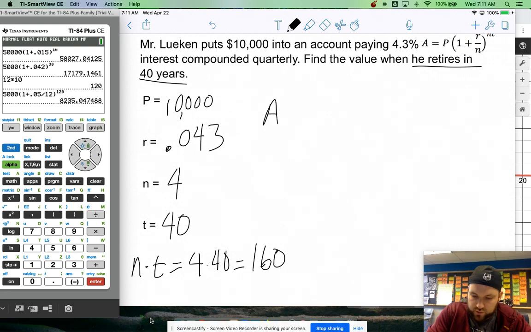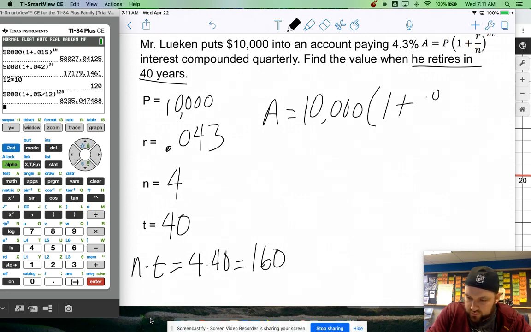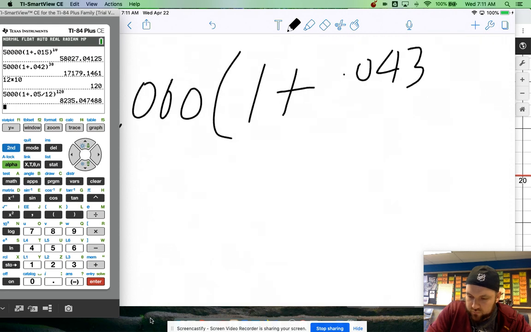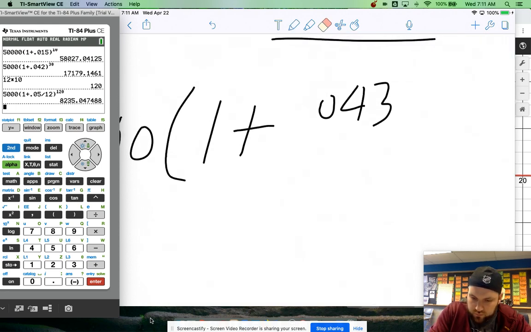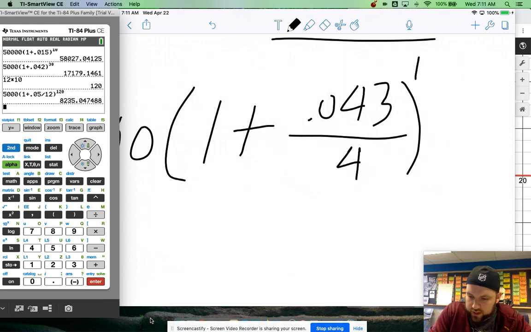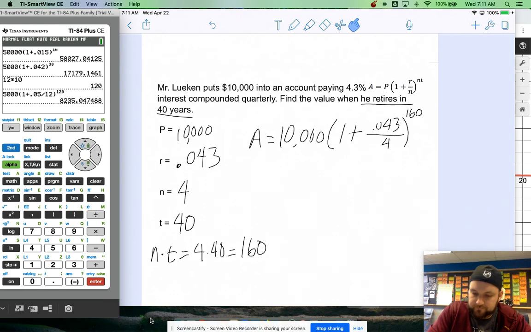Okay. So if we find my future value, the start value is $10,000. 1 plus 0.043 divided by 4, because it was quarterly, and then I had 160 payments total.